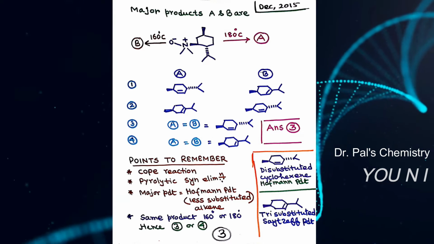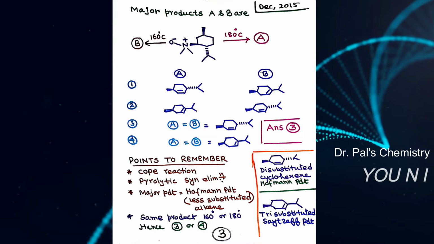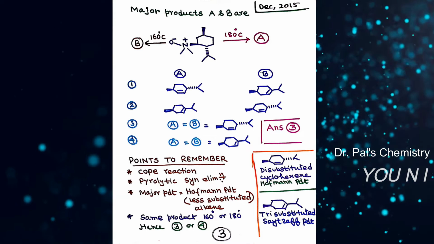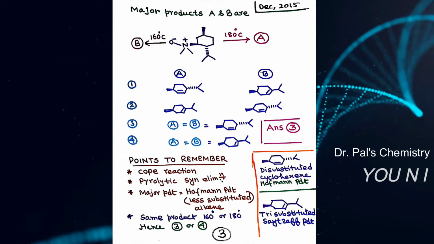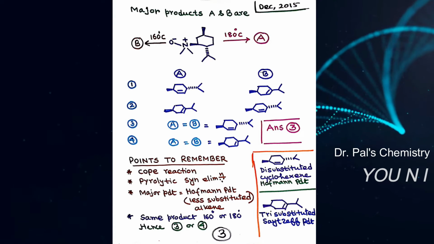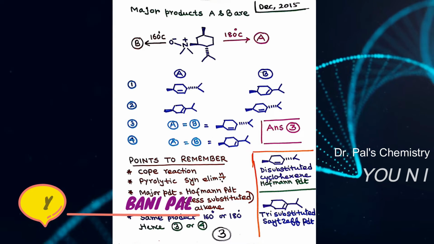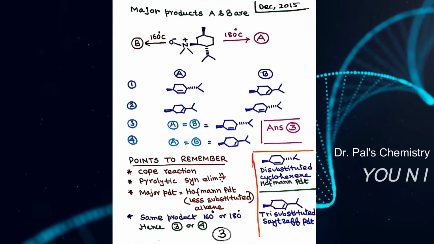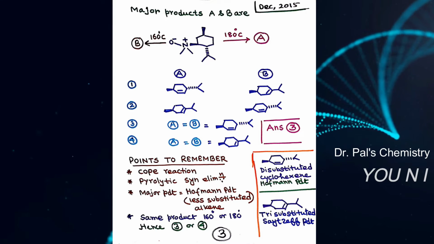And in the Cope reaction, the amine oxide under pyrolytic condition, means under thermal condition, undergoes syn elimination, means the groups will undergo same side elimination. Means if the two groups are above the plane, then those two groups will be eliminated, or if the two groups are below the plane, then those two groups will be eliminated.